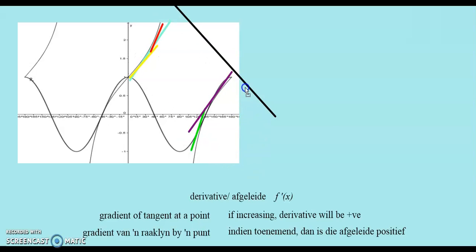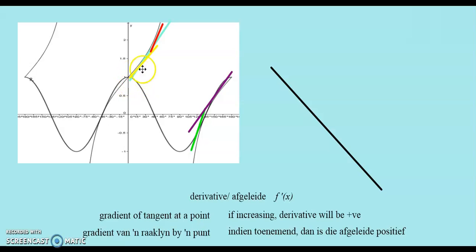Will it ever? No, it won't. So that tangent always has a positive gradient. So that means the derivative will always be positive. So the derivative will be positive for that as well as for that.